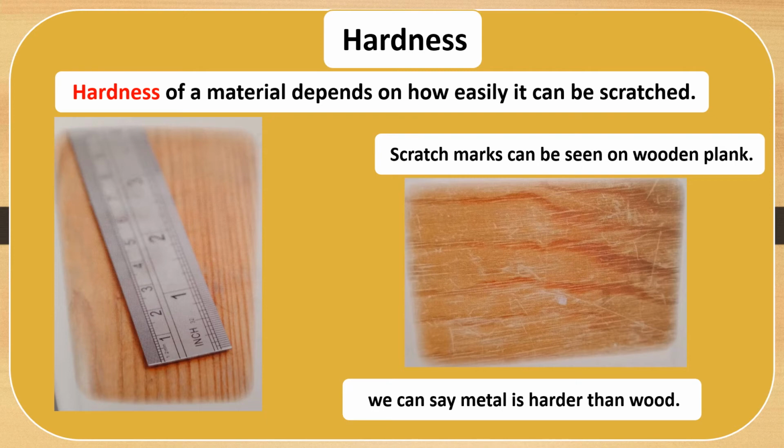But when the wood is used to scratch the metal, there will be no scratch marks. So that's why we say that metal is harder than wood. Do you understand?